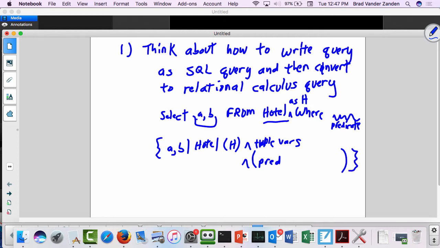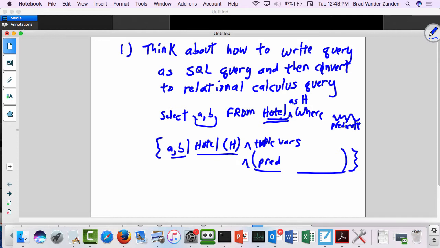So that's a pretty basic mapping from a basic SQL query to a relational calculus query. So the attributes just go to the left of the bar. Each of the relations is going to be a tuple variable, and then the predicate gets put into this and.